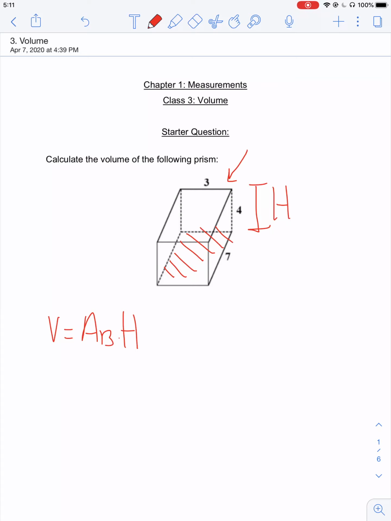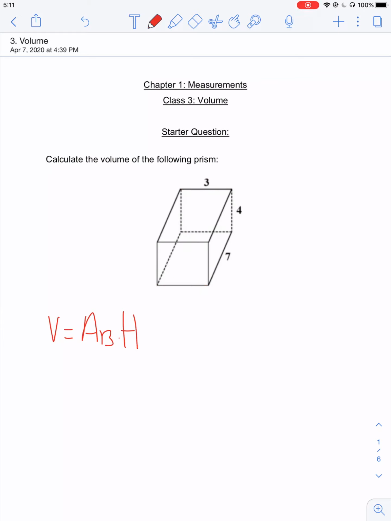This one will also work, but you'll just have to understand that this side over here is actually the same as this side, right? So this has to be 3. It's a little less obvious, which is why I chose to do the question a little differently, and I'm gonna do it that way, okay? It doesn't matter. You're gonna get the same answer at the end, so it doesn't matter how you do it, okay?